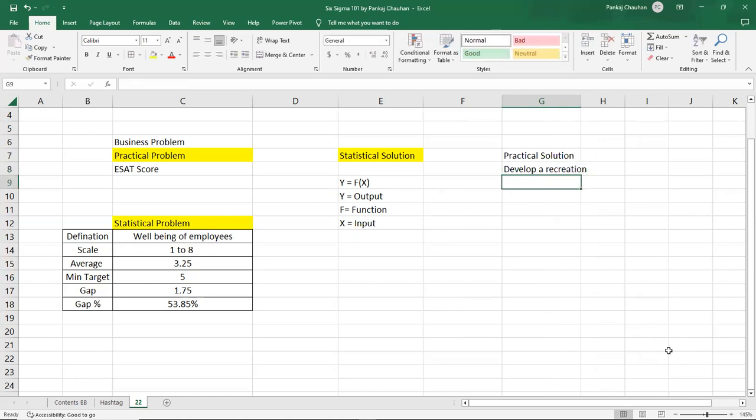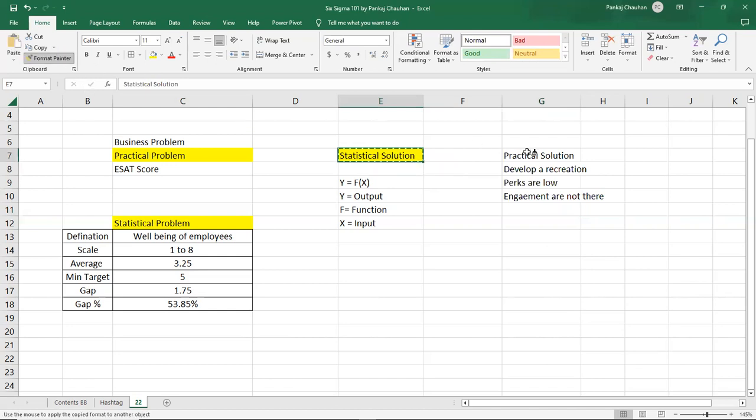People are talking about the perks being low, let's say. So let's increase the perks if it is possible. Maybe the engagement activities are not there. So let's increase the engagement activities for the employees. And there are many more things that will come which you will be implementing practically.